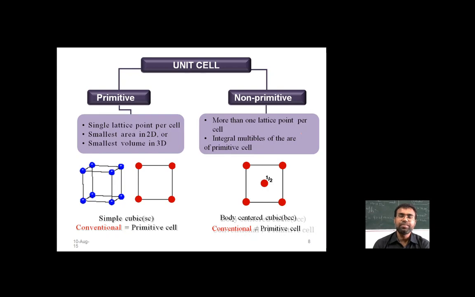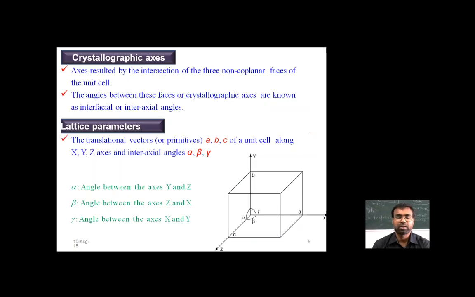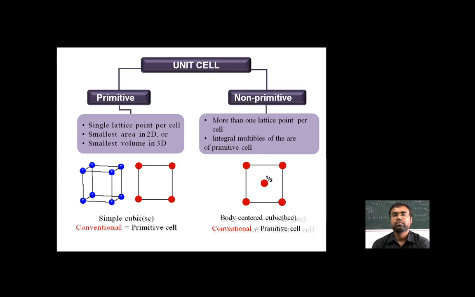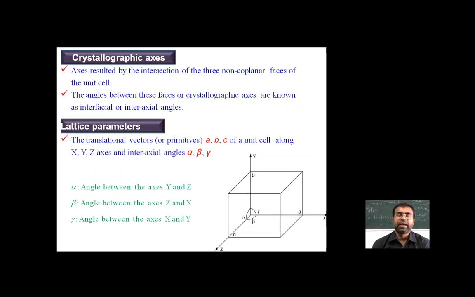So the primitive is the simple cubic, and the conventional ones are body centered cubic. The non-primitive is related to the body centered cubic, and the crystallographic axis, that is we are discussing the point location, the space and the directions.